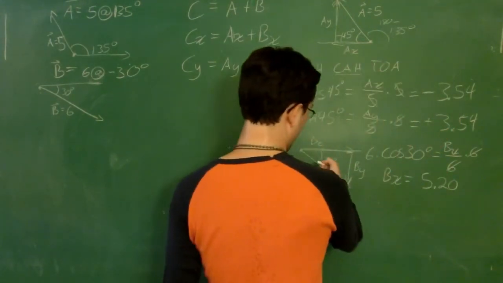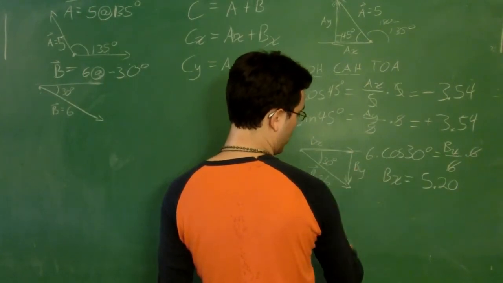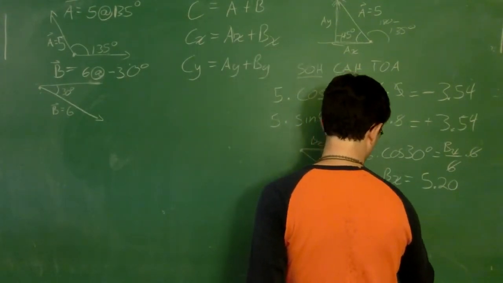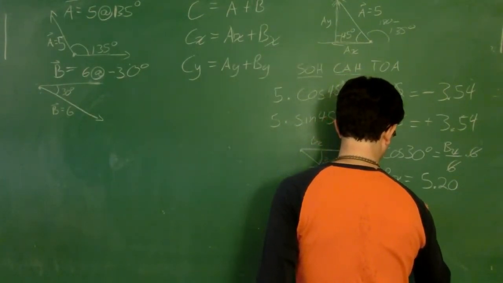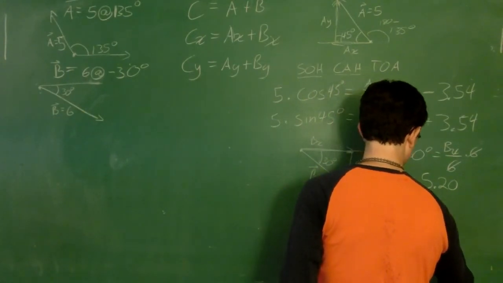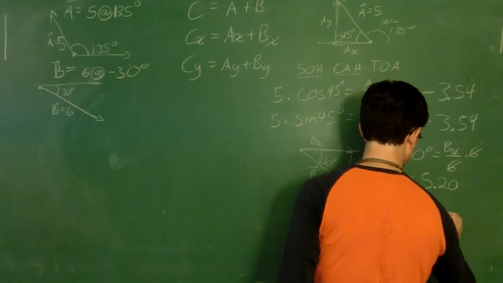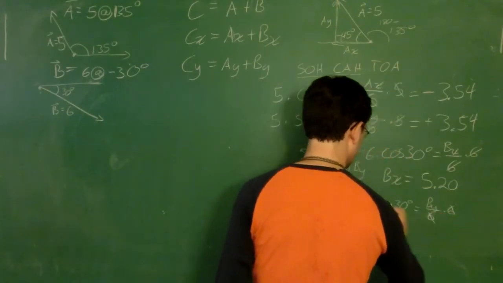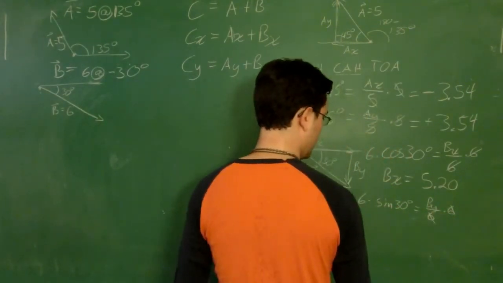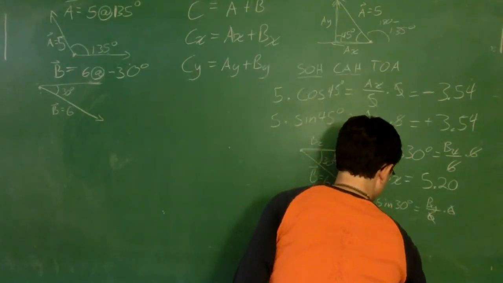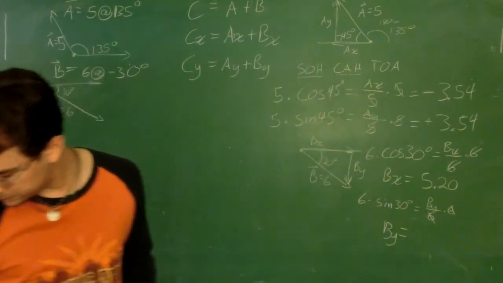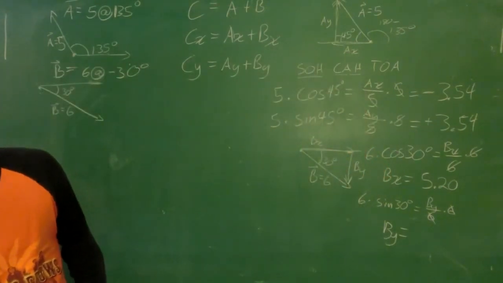Okay. And then taking a look like we did before for our y component, we find that sine of 30 degrees equals b sub y over 6. We're going to multiply both sides by 6. Okay. And we find that our b sub y equals 3.